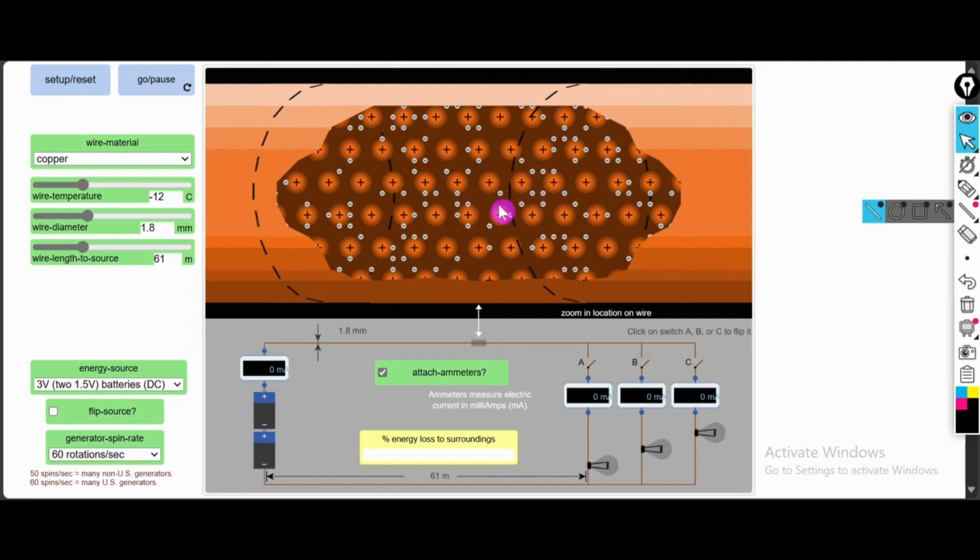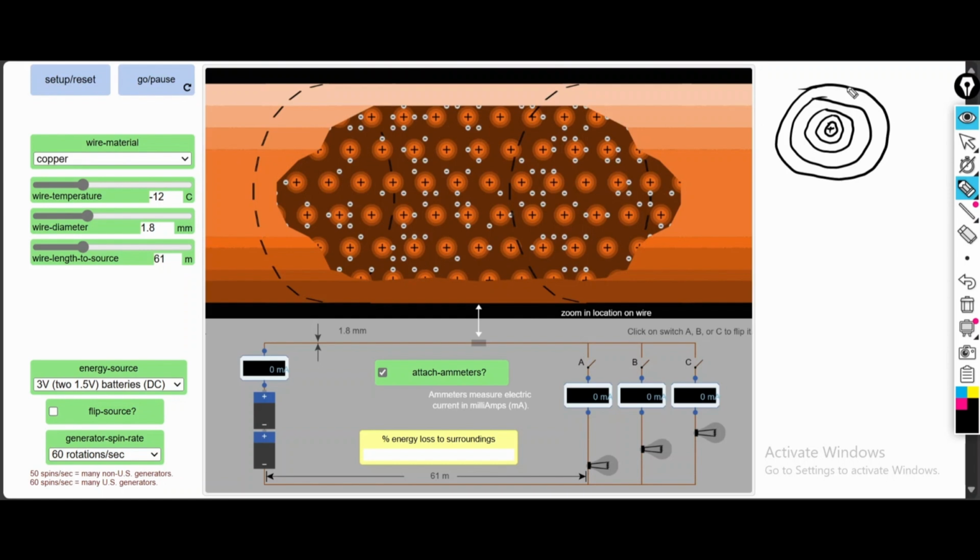This is the nucleus having positive charge, and there are 29 electrons revolving around this nucleus, and in the last shell we have a single electron.